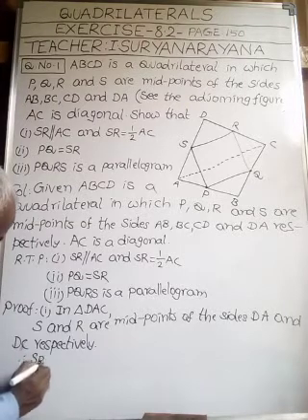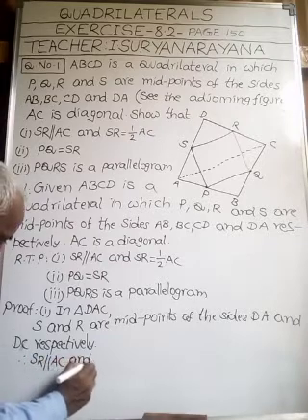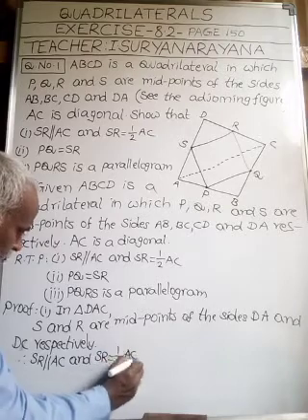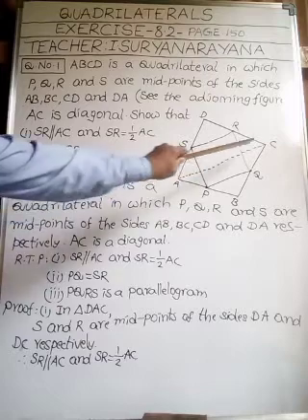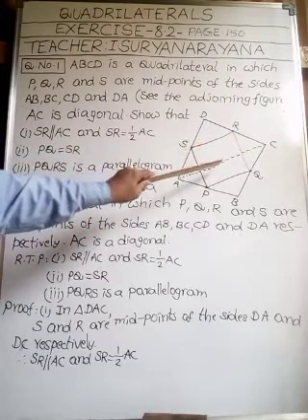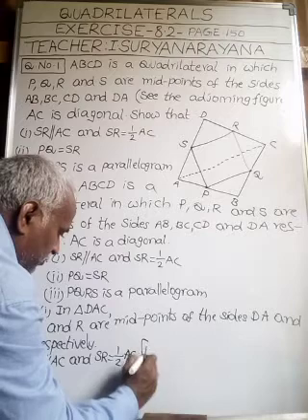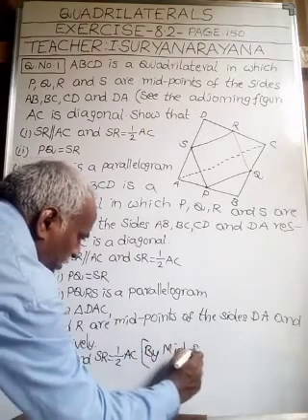SR is parallel to AC, and SR is half of the third side. This line segment is parallel to the third side and it is half of the third side. Previously I told you, we have to remember that result also. Okay, my children. So by the midpoint theorem.